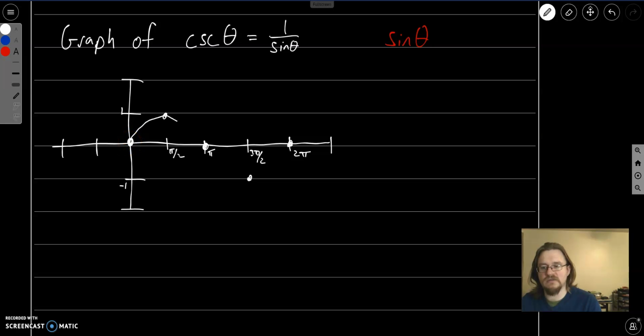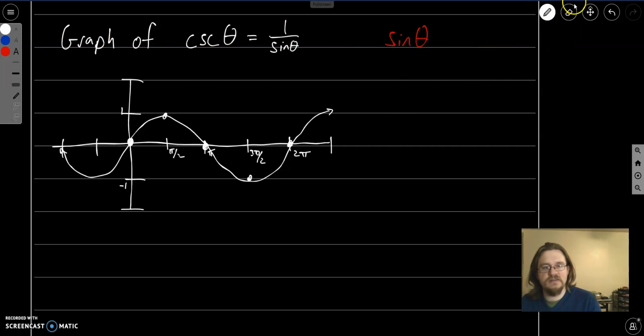So we have this wave going on, and it does the same thing back to the right as well, and back to the left.